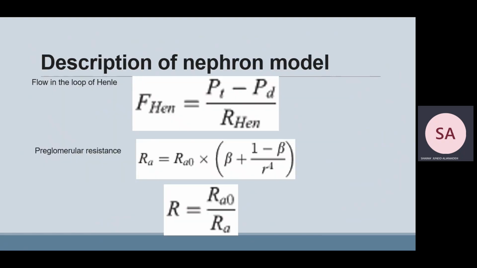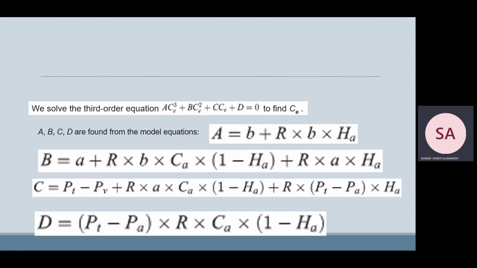In this description of the nephron model, the first equation determines the flow in the loop of Henle, and the second equation determines the preglomerular resistance. A, B, C, and D are found from the model equations, and we solve the third-order equation to find CE.